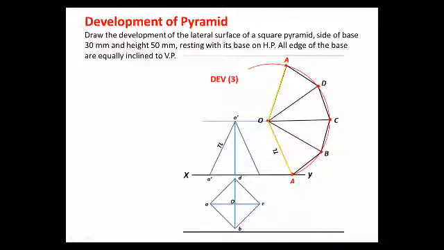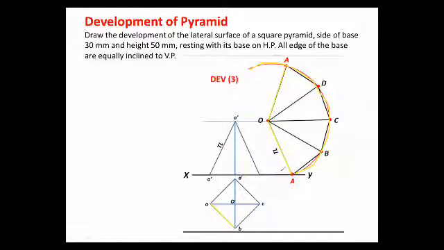In top view here small a to small b distance is there, so you have to take this distance on a curve. So how to obtain the curve? You just take radius from O to A in your compass and mark one arc over here, which is shown by red color. Now I am showing it by yellow color.